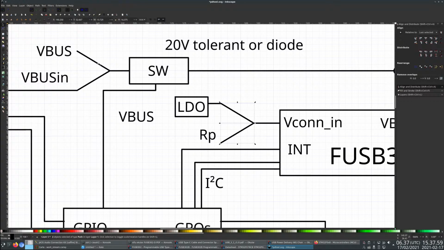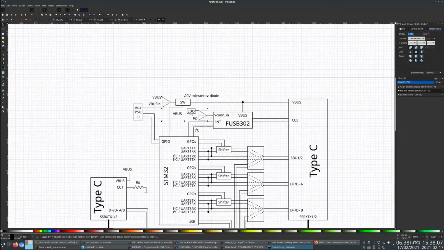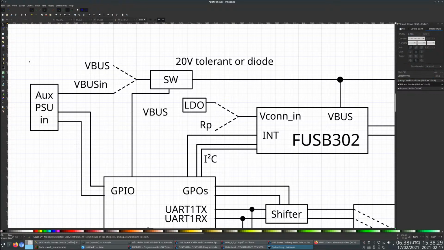Actually, I should also make these wider on that. Which option I picked? Something like that anyway. And then we just put VBus on the other end here and call it a day.